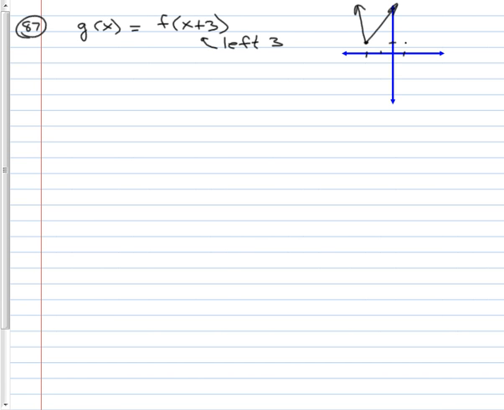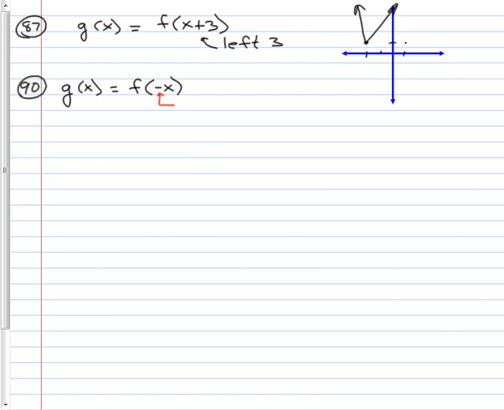90. Same original graph, they are just saying now our g of x is f of negative x. Okay, do you remember the effect when I put a negative onto the x?